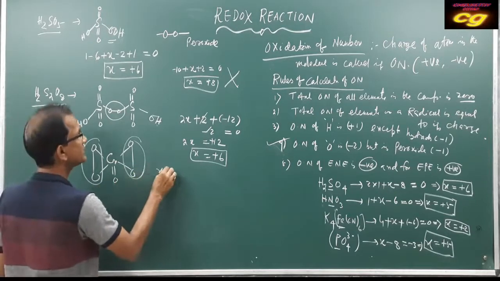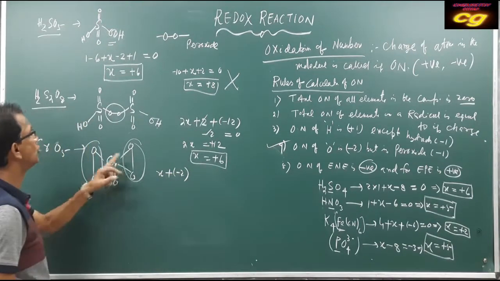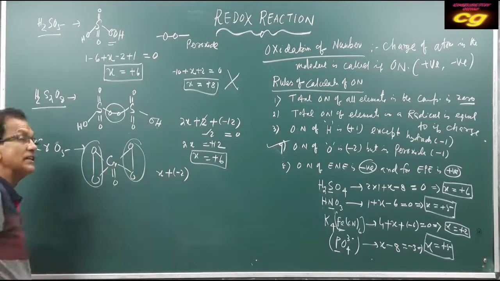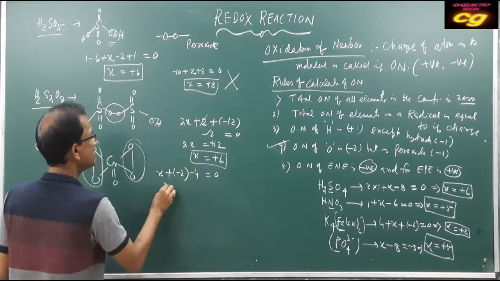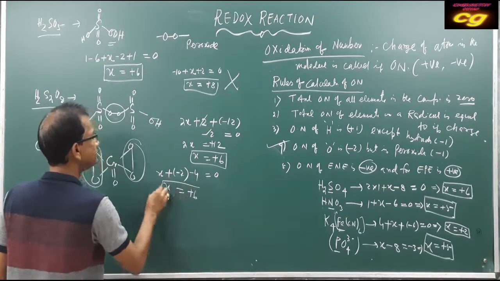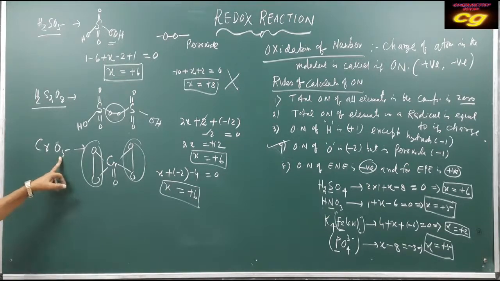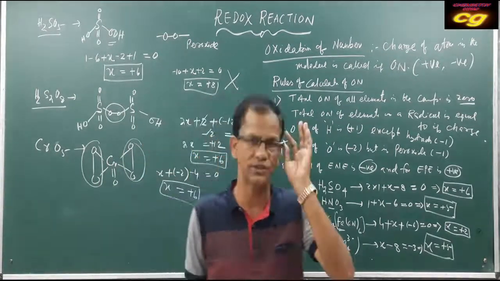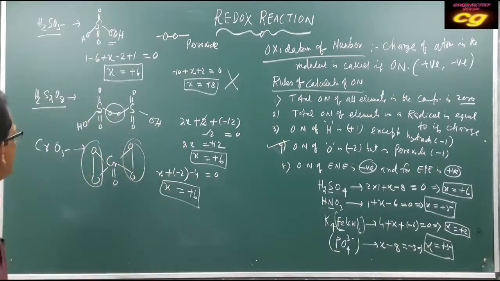So chromium is X, the oxide is minus 2, and the total peroxide oxygens are 1, 2, 3, 4, each carrying minus 1, that is minus 4, equal to 0. That means x is plus 6. Without this, x would be plus 10, which is wrong. The chromium oxidation number cannot be 10; the maximum oxidation state is plus 8. Remember, it cannot cross 8.